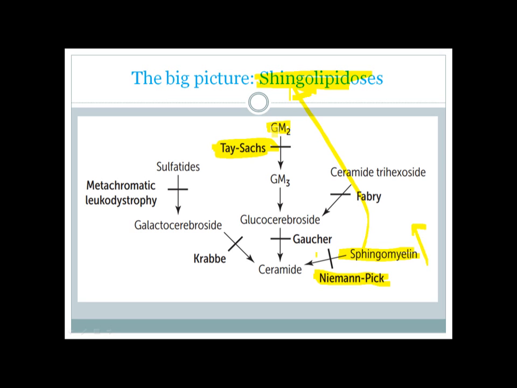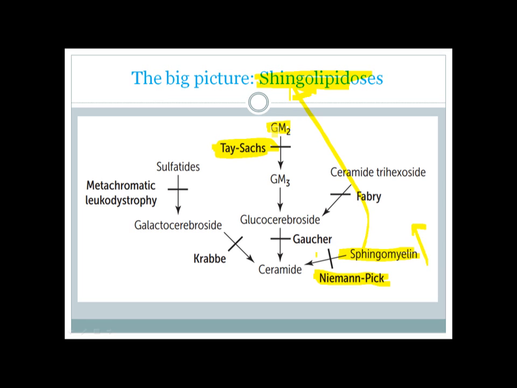Poor vision meaning a red spot in the macula, which is found in Tay-Sachs disease and also in Niemann-Pick disease. But despite having poor vision, one night he goes out with his car and drives like crazy, and on the way, he had an accident.